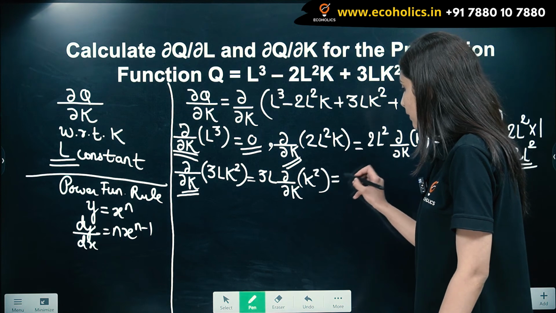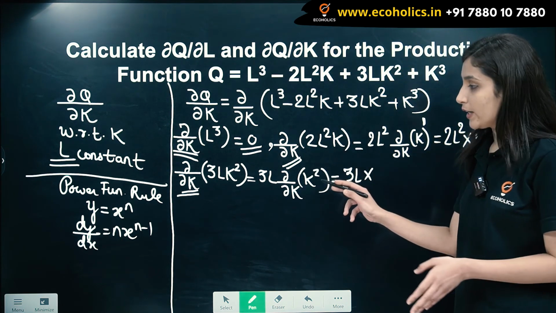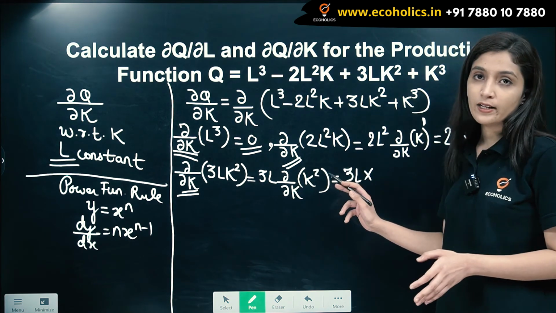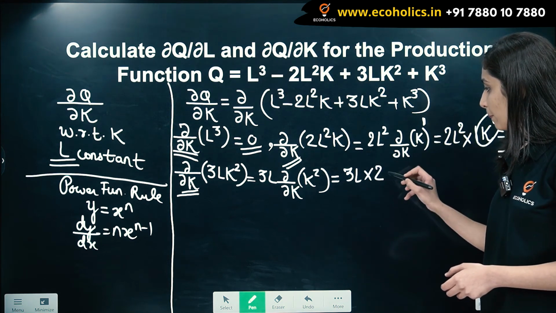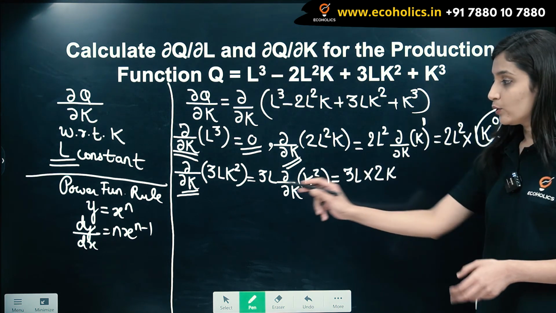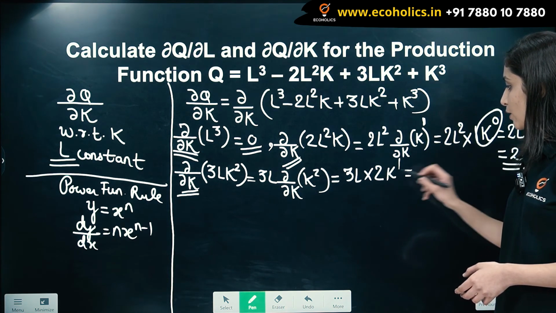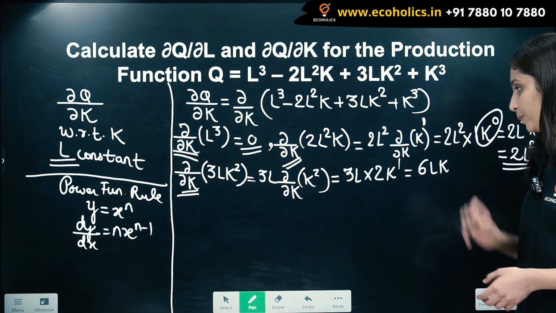So here we have 3L into differentiation of k square. Now, using the power function rule, in this case we have n equal to 2. So 2k raised to 2 minus 1 is 1. So 3 twos are 6Lk.